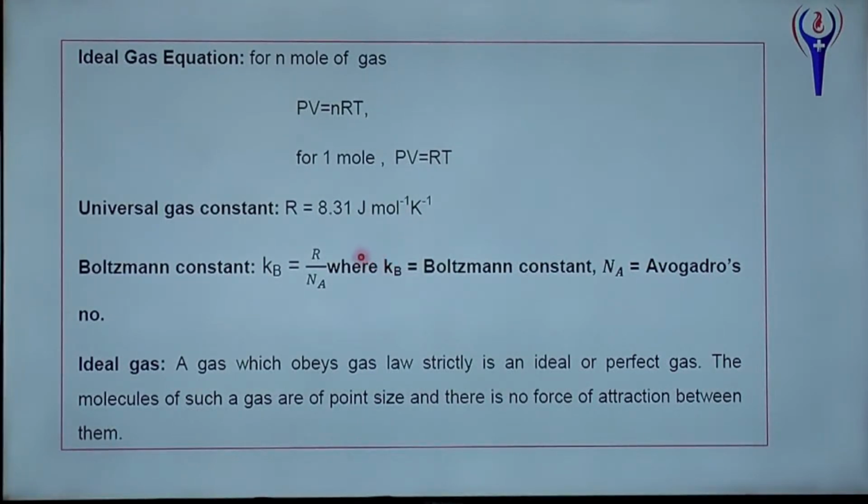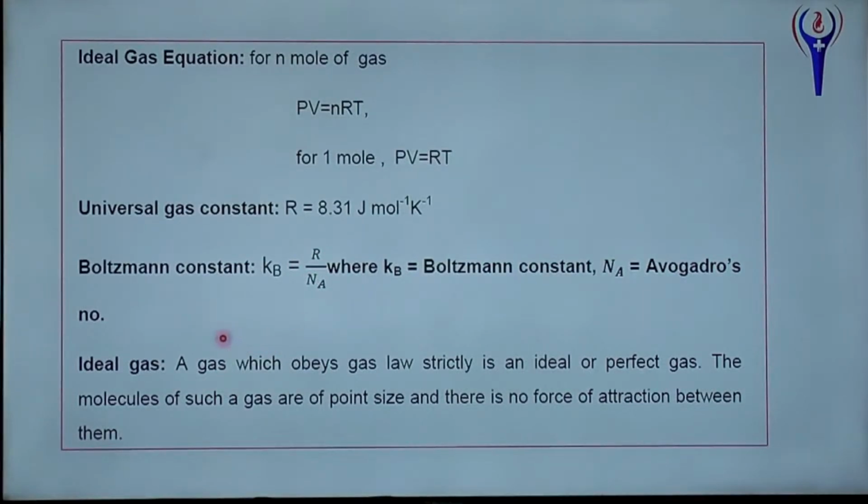And there is a relation between R, universal gas constant, Boltzmann constant Kb, and Avogadro number. That is, Kb equal to R by Na. Kb is the Boltzmann constant, R is the universal gas constant, Na is the Avogadro number.